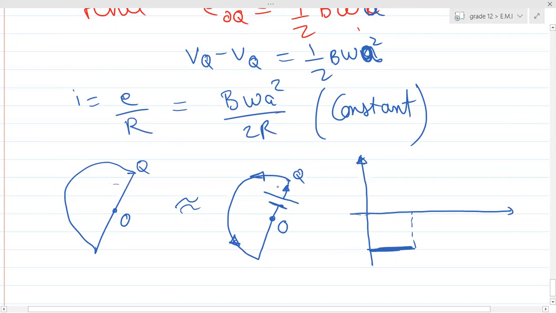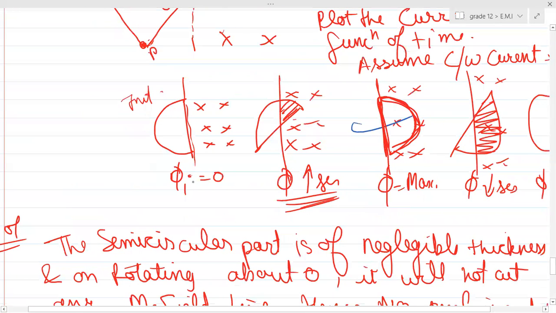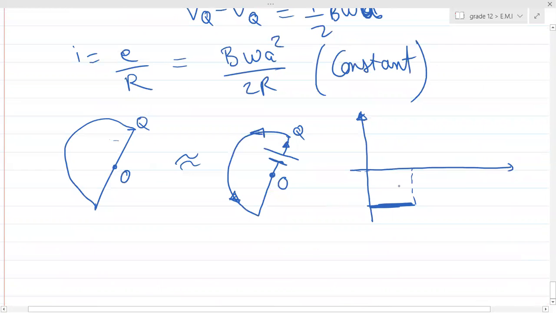Till the time we don't reach here, the current will go over there. And when it will start coming out, the current will be in the opposite. If you want, you can check. And this process will repeat again and again. So basically, this is the graph for current versus time. Sometimes questions like this can be asked. Please go through it once.